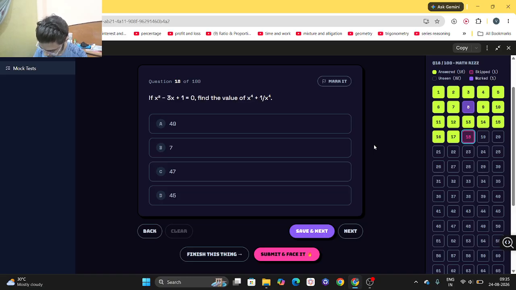X plus 1 by x is equal to 3, and you square it. X square plus 1 by x square plus 2 is equal to 9. And x square plus 1 by x square is equal to 7. Then you square it. So this is x to the power 4 plus 1 by x to the power 4 plus 2 is equal to 49. So the answer is 47.